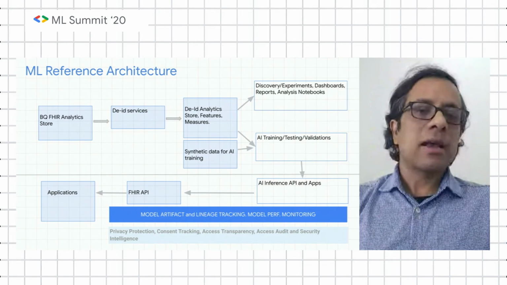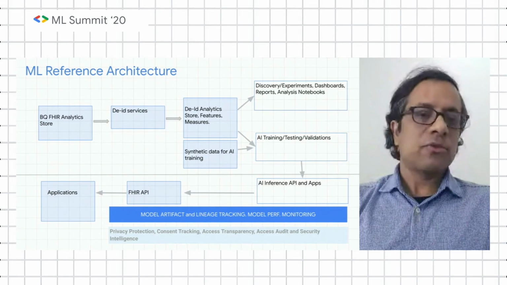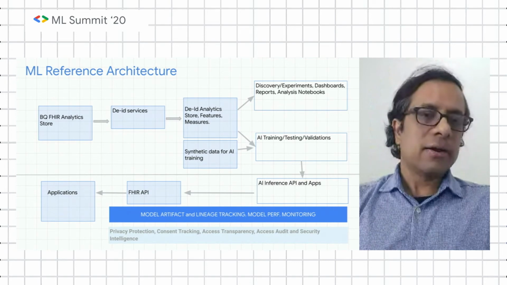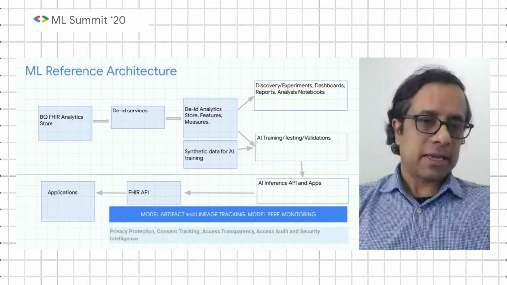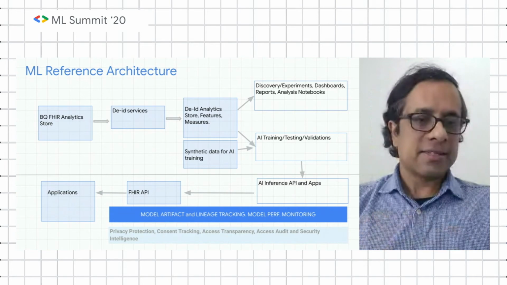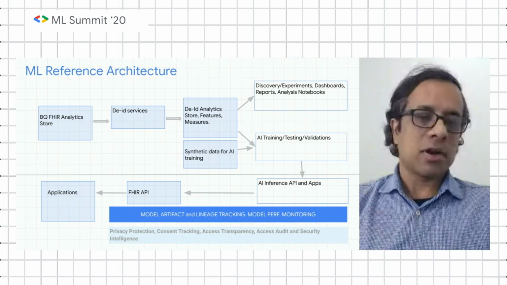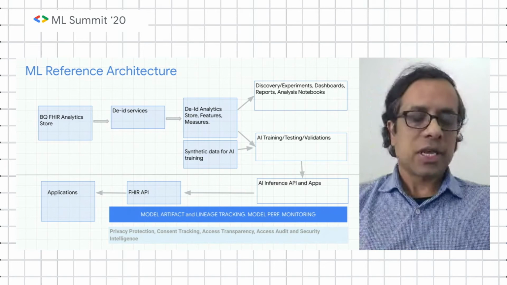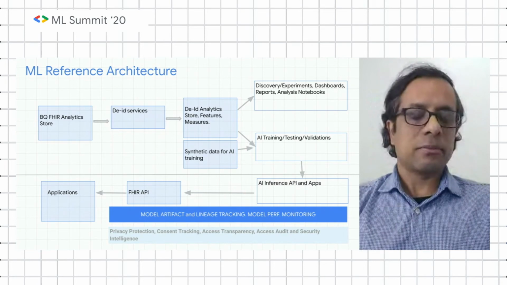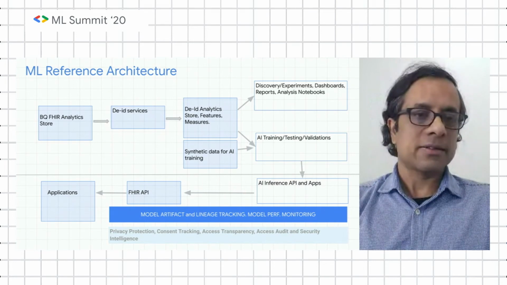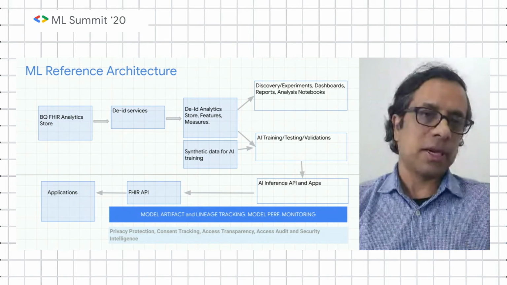And then you can deploy the model using the same FHIR API and use the FHIR API to connect your applications. And of course, behind the scenes, we have model management and model monitoring, but also security and privacy monitoring as a part of the GCP infrastructure.